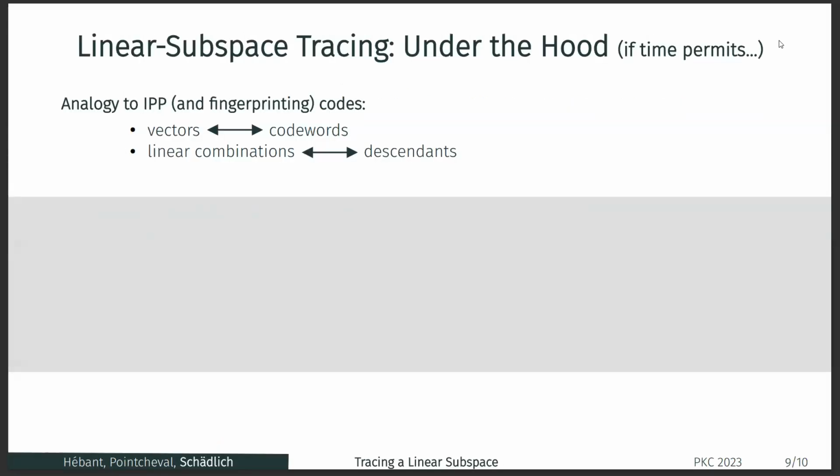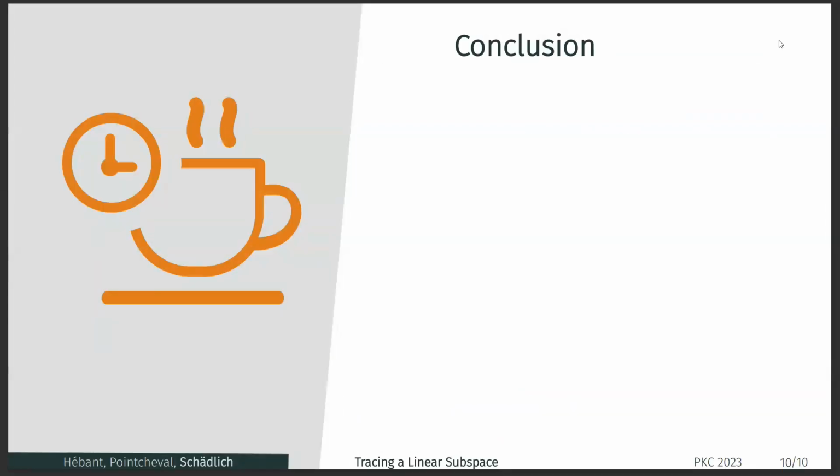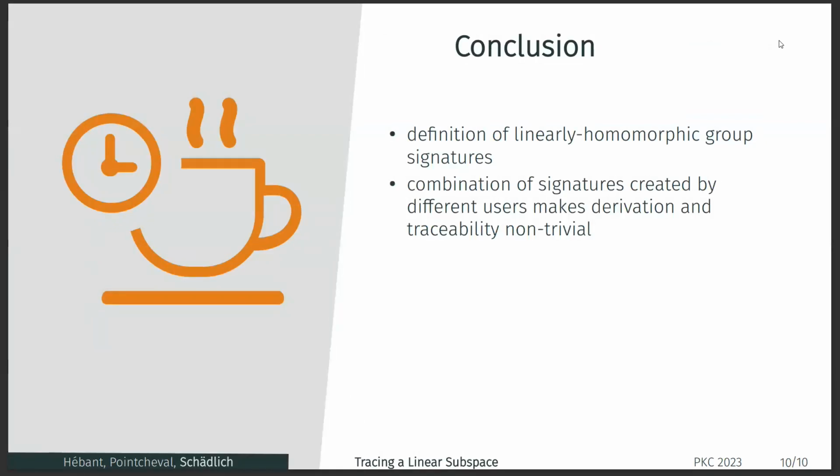So I guess my time is over, so I will skip the technical part here and instead conclude. In our work, we define linearly homomorphic group signatures, and it turns out that the combination of signatures created by different users makes both the derivation and the traceability non-trivial.